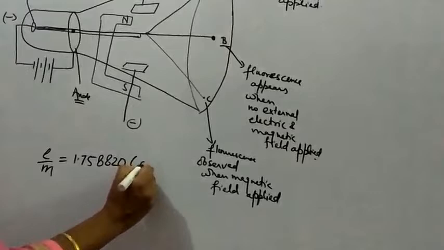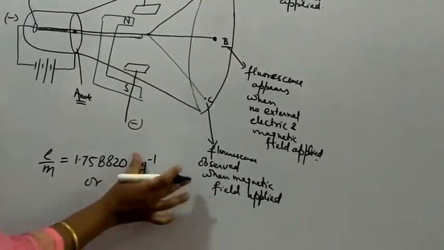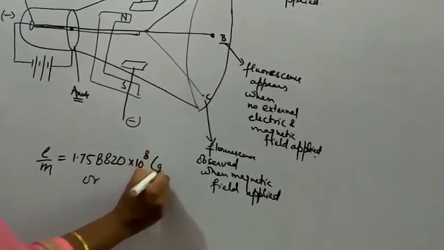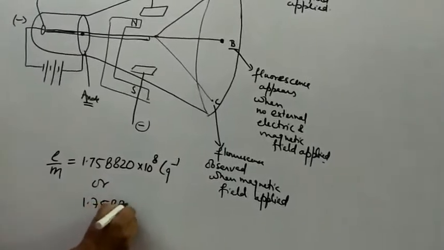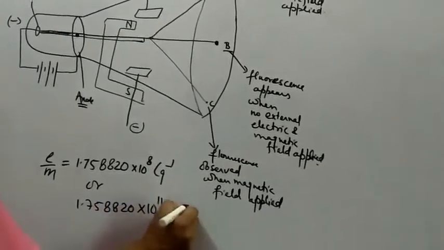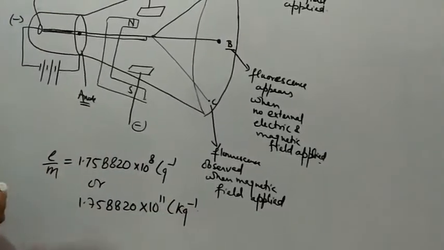So it is this way, Coulomb per gram inverse. So this is the ratio which he obtained, the charge to mass ratio.